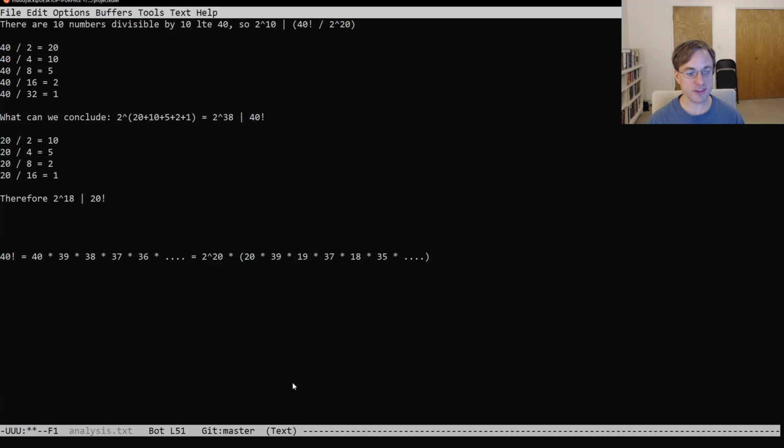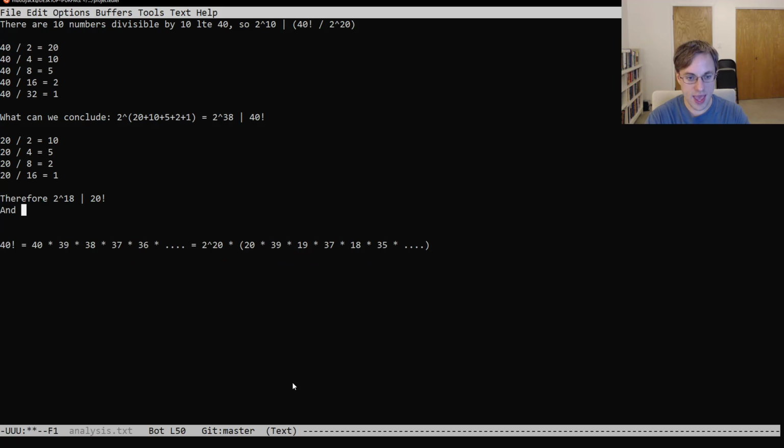And now, this is the cool part. Now we can conclude, and also, therefore, 2 raised to the 38 minus 2 times 18 divides choose 2n comma n.